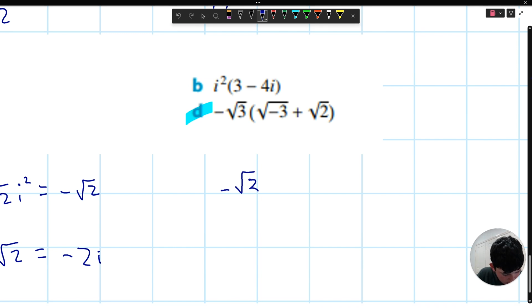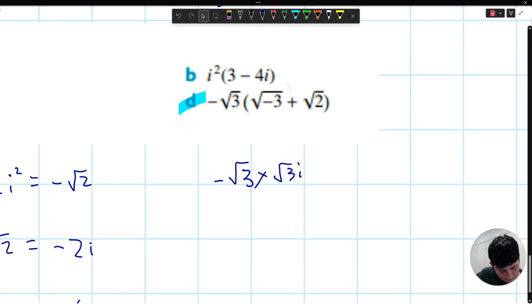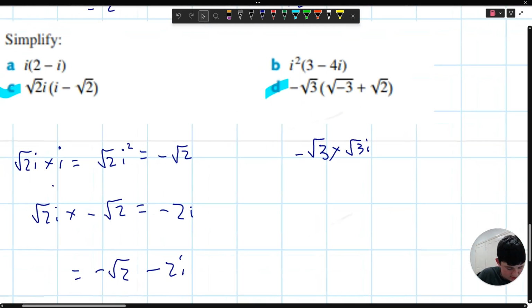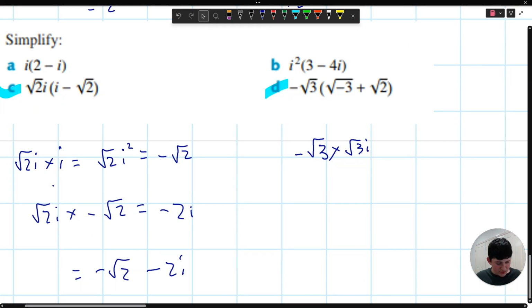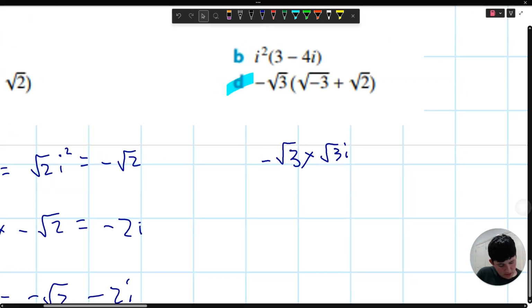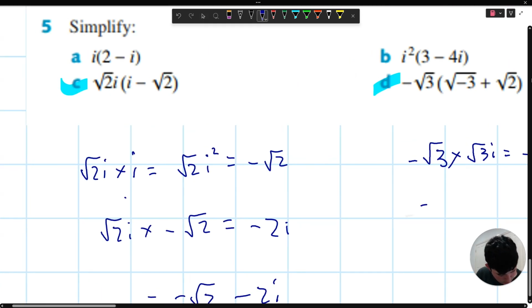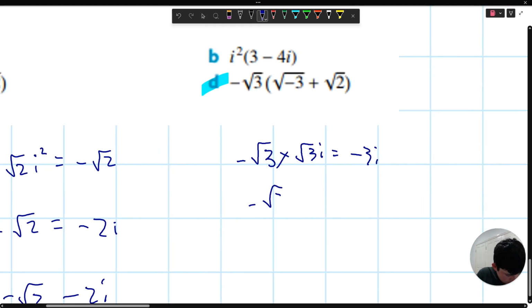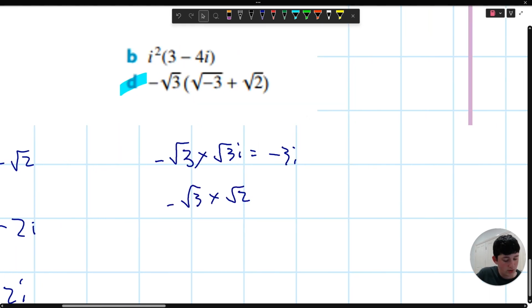Negative root 3 times root 3i. It's exactly the same situation as we had over here. We're equal to negative 3i. And then negative root 3 times root 2. Say it with me now.